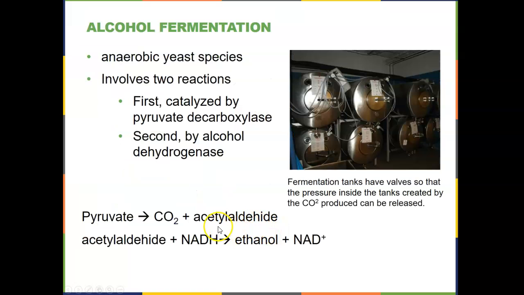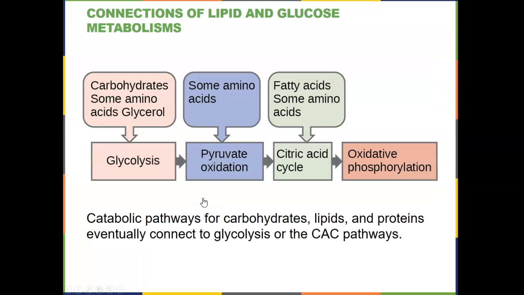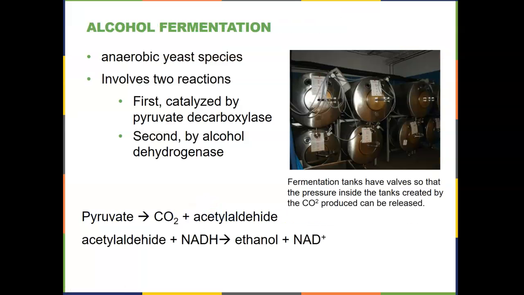Alcohol fermentation is similar, more efficient, and let's see, I don't have a flowchart for it, but what happens in that particular case is the pyruvate is broken down into CO2 and acetaldehyde, and then acetaldehyde is given a proton and some electrons from NADH, making ethanol.